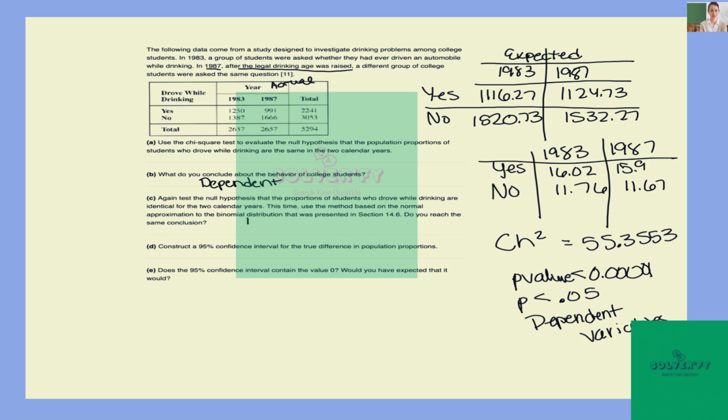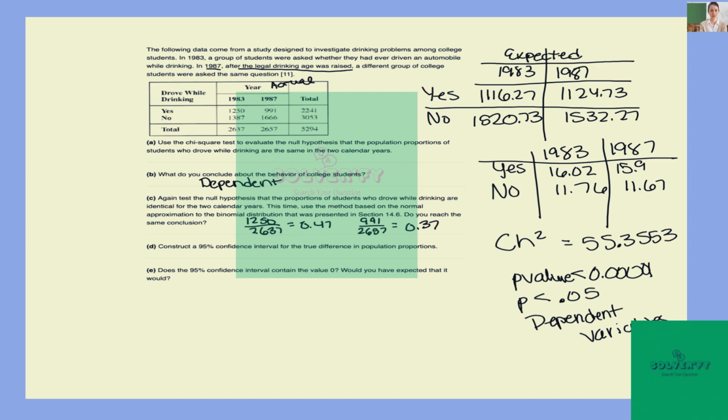So if I go 1250 out of 2,637, I'm going to get 0.47. And then 991 divided by 2,657 is 0.37.